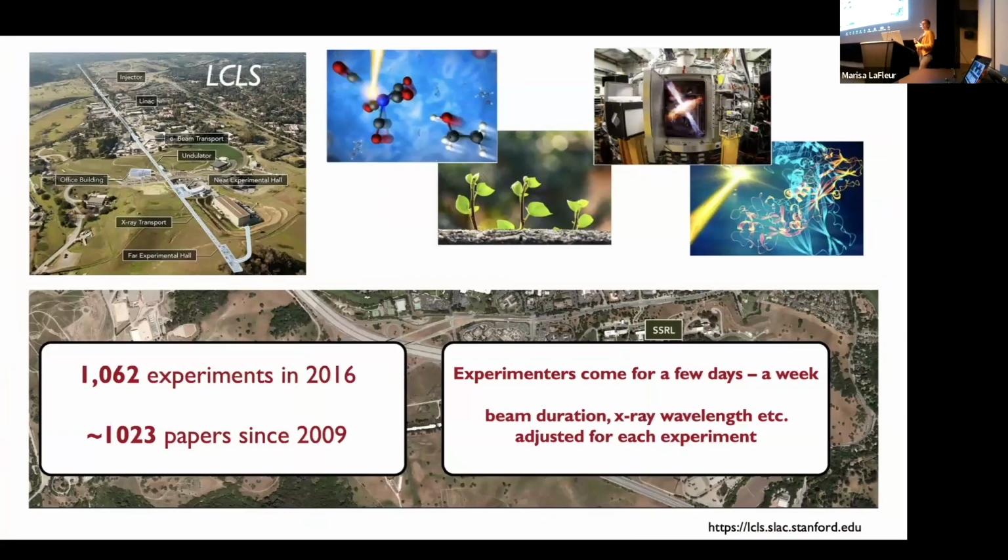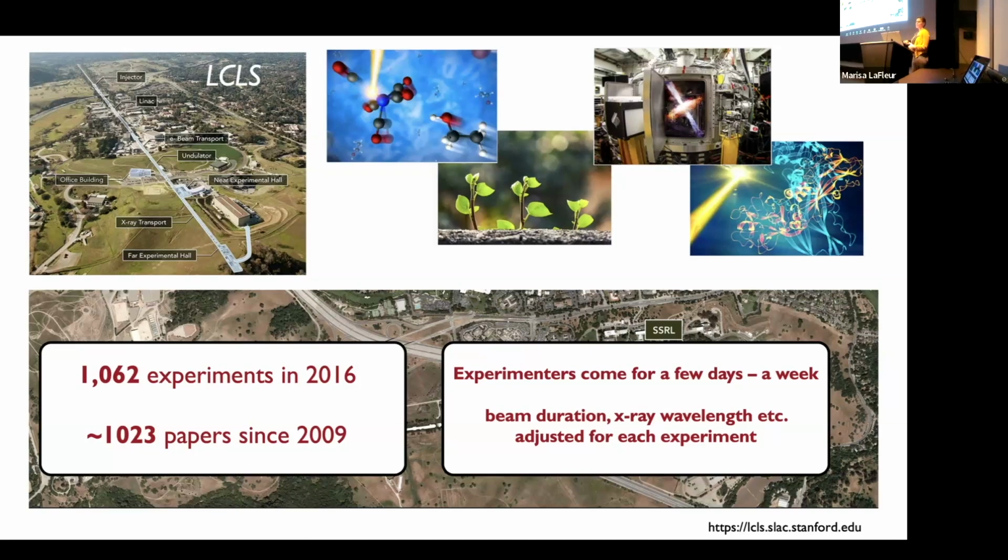And to put some idea of the scale on this, LCLS is a nice example. Essentially, we have people who are looking at things like chemical processes, molecular interactions, trying to understand behavior in natural systems, such as photosynthesis, understanding matter under extreme conditions, things like protein folding.